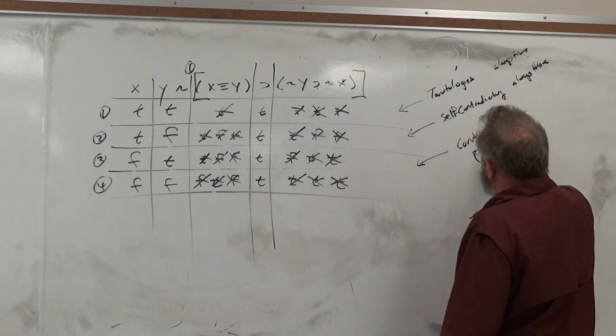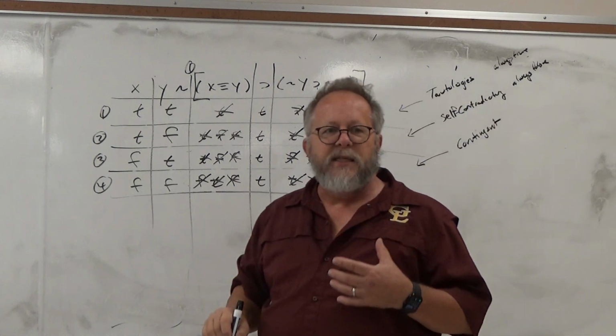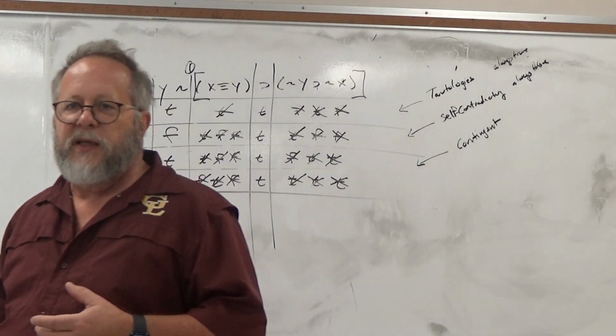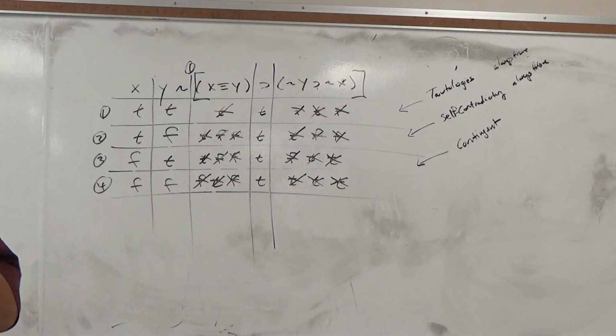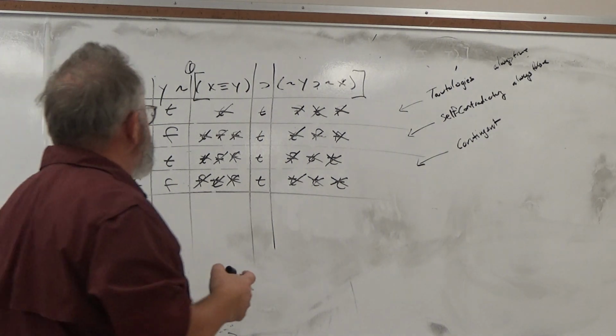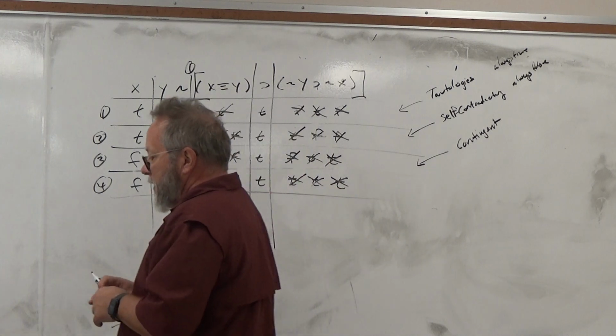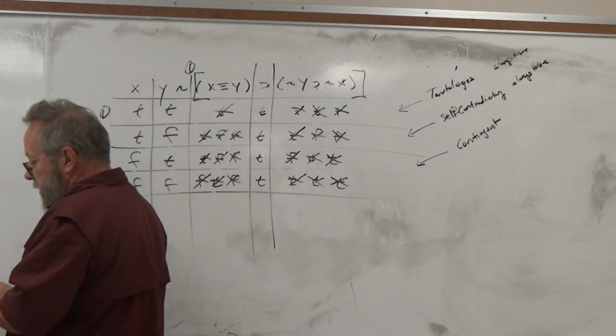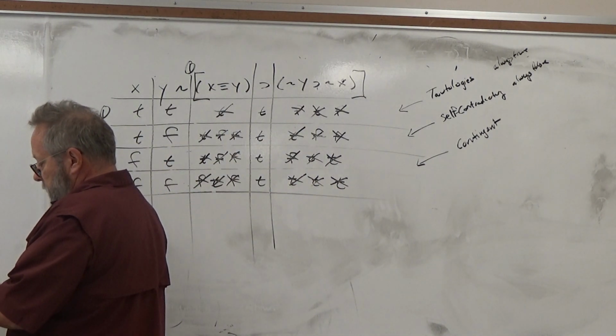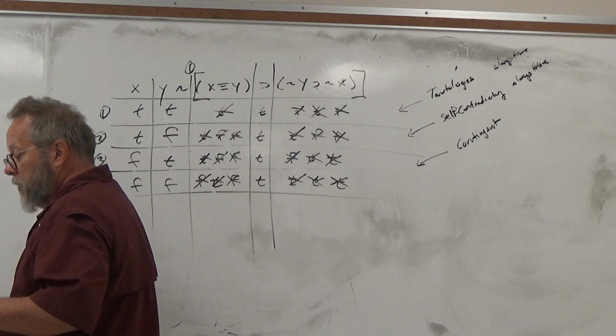Okay, some true, some false is contingent. Everybody understand that? So it depends on what the truth values are. Okay, that was number 1. Okay.